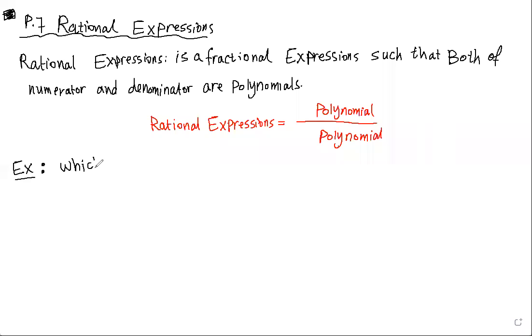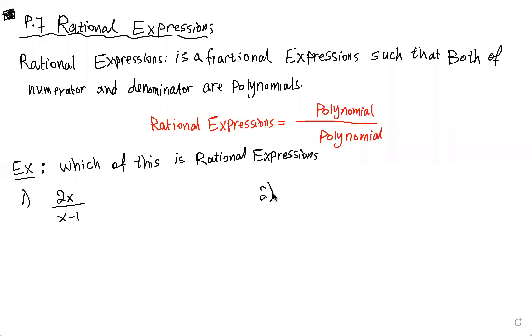Which of these is a rational expression? First one, 2x over x minus 1.